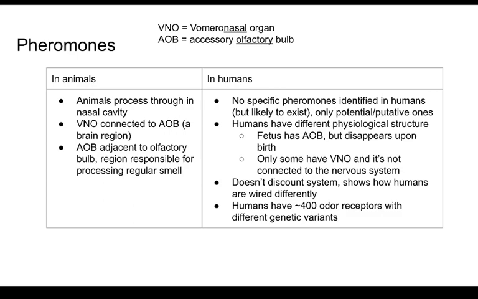With this many different odor receptors, it might be that a certain odor or a certain gene can be detected by smell, and communicate and do indirect signaling similar to animals.